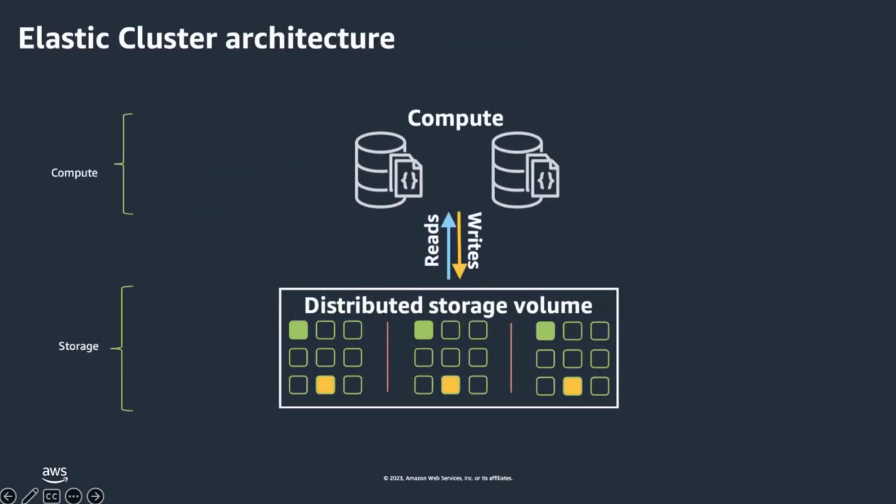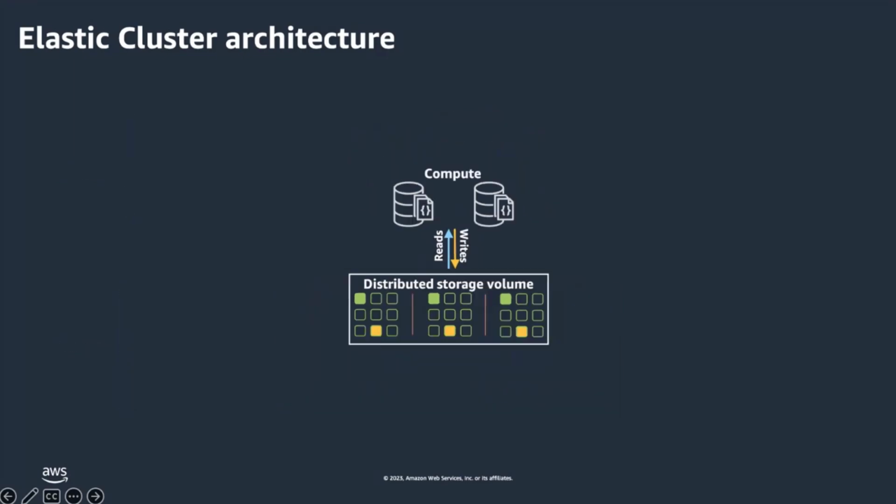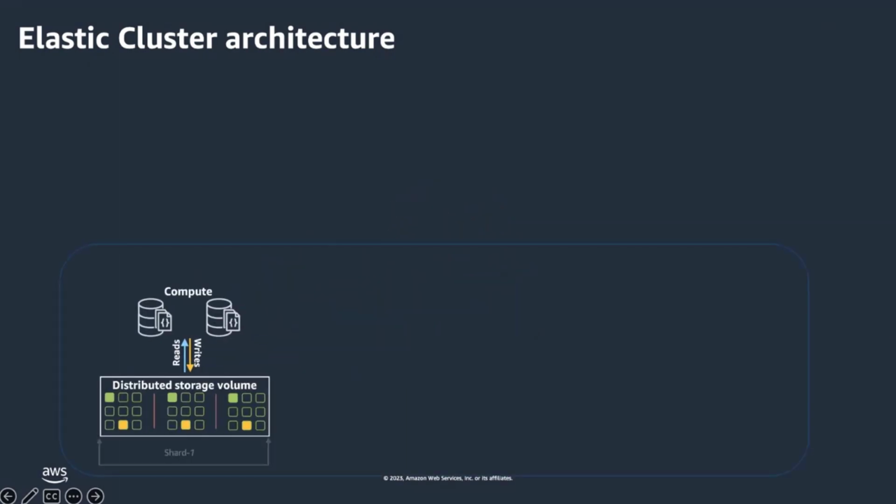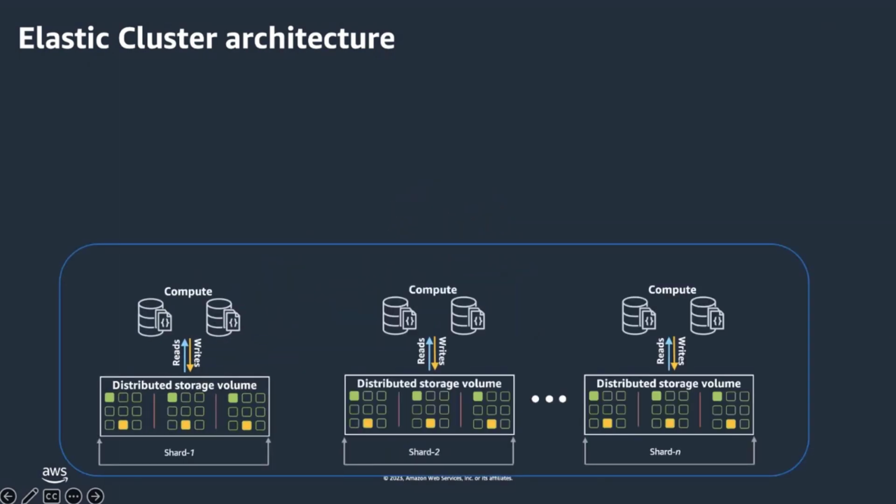Now, for elastic clusters, we've taken this instance-based cluster architecture and used it as a fundamental building block. Let's watch this animation, where effectively we're using each one of these clusters in our elastic cluster as a component.